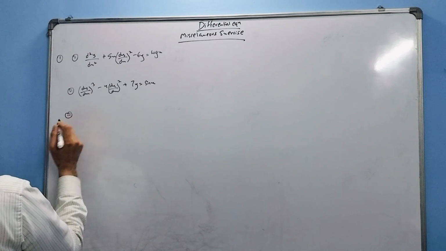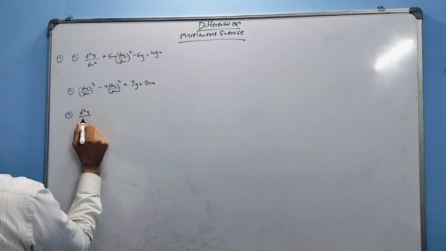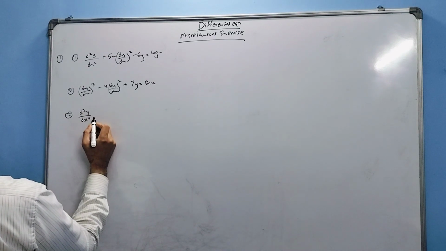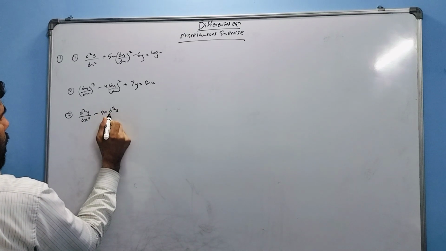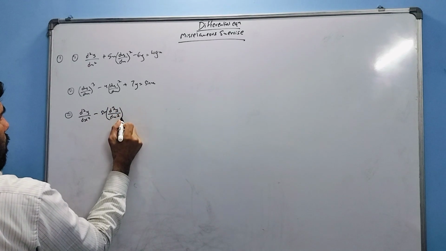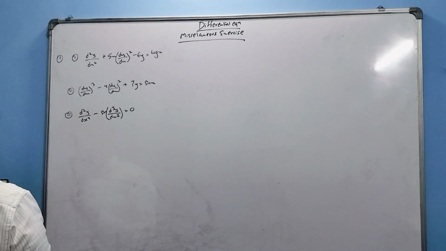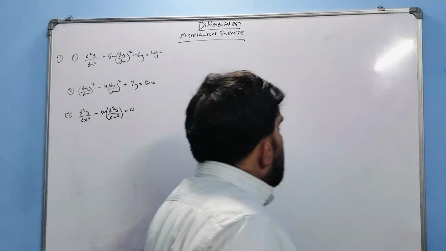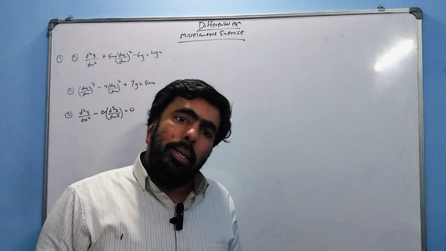Now the third part is d2y upon dx4 minus sin d cube y upon dx cube is equal to 0. So here we have 3 parts, and in this we need to find the order and degree.